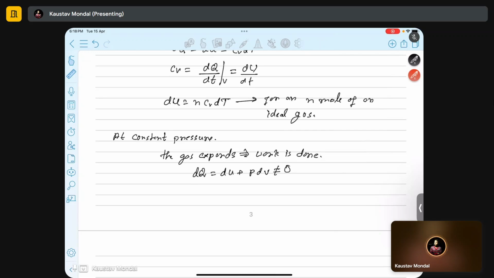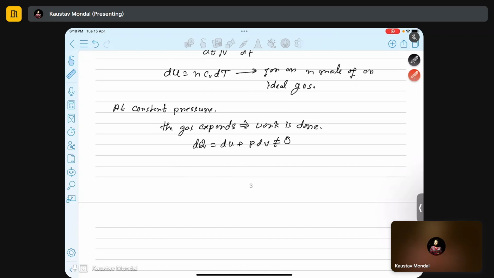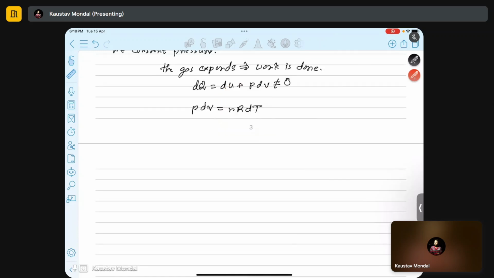So pdV is not equal to 0. Now you can write pdV equal to nR dT. So dq equals nCv dT plus nR dT.